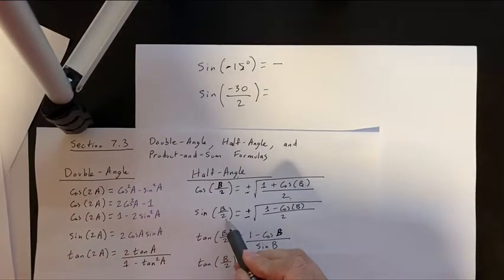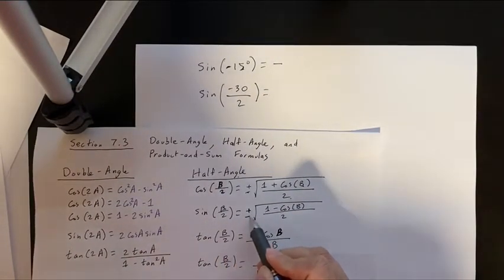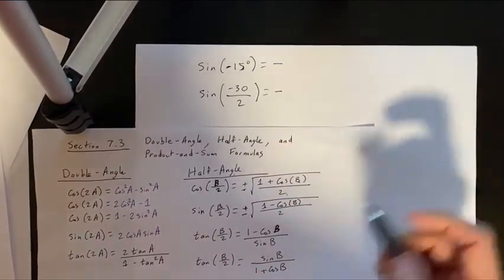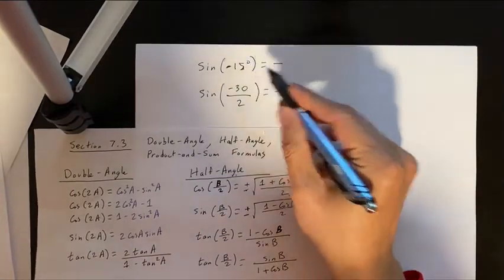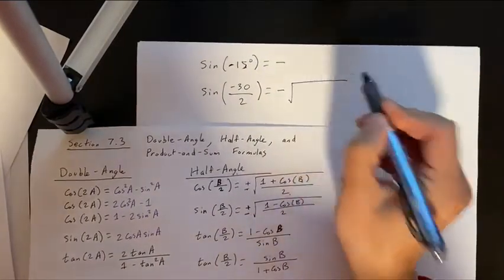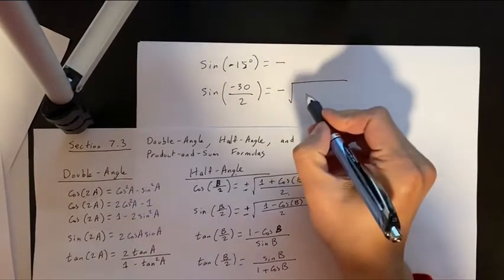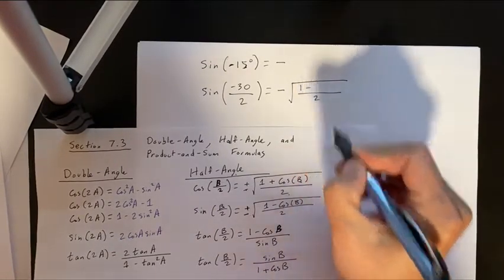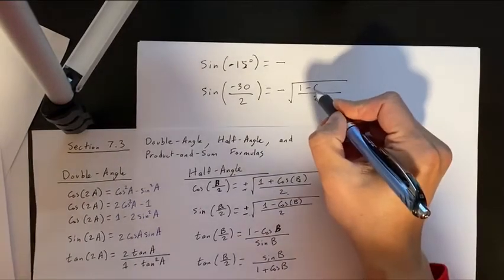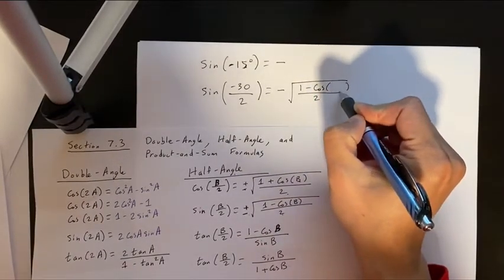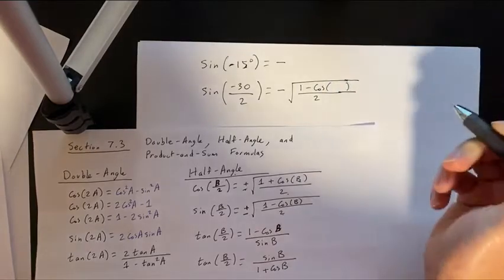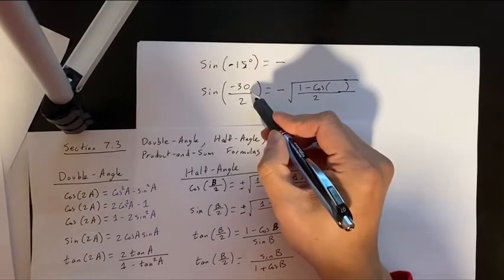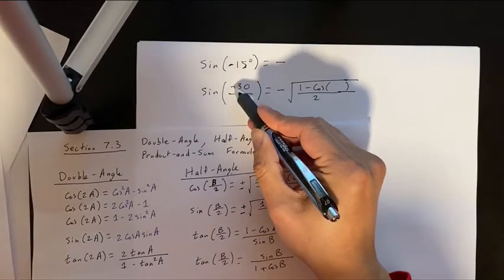Sine of b over 2 is equal to plus or minus, but we know it should be a negative, because we're in the fourth quadrant. And it's going to be 1 minus, there's a 2 underneath, minus cosine of b. So what is my b? Let's identify my b. B goes right here. So b is on top of the 2, and it's the negative 30.